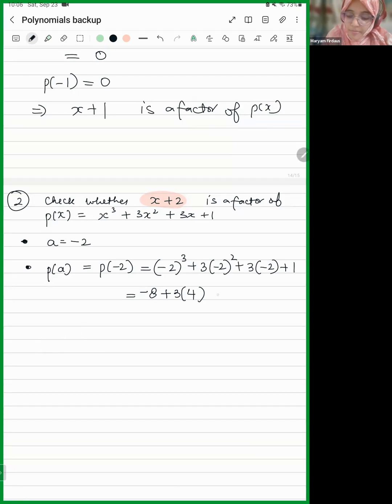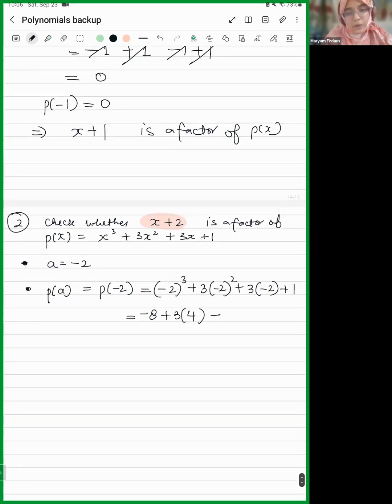It is 4. Now, everyone, please pay attention. Even if you didn't understand the previous questions, pay close attention here and then you will understand it. Then this becomes 3 times minus 2, which is minus 6, plus 1. So here we have minus 8 plus 12 minus 6 plus 1. What we are going to do is take all the negatives together and the positives together, so it will be easier. So here we have minus 14 plus 13, which is equal to minus 1.